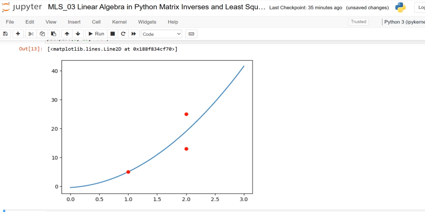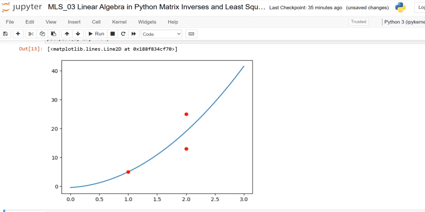Notice how the curve provided by the model tries to approximate the points as well as possible. And dear friends, one of the alternatives is using a pseudo inverse.